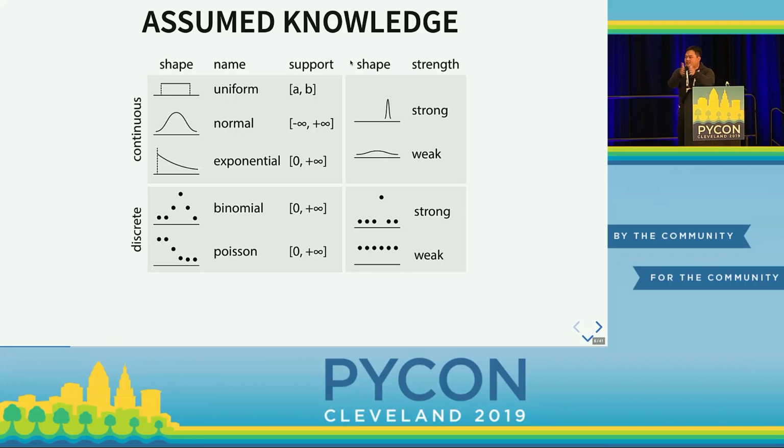And a weak belief says I'm willing to assign a large range of numbers credibility points, and therefore we have a wide distribution. Okay? So the distinction between continuous and discrete is also important because the two examples that I will show involve one continuous and one discrete data.